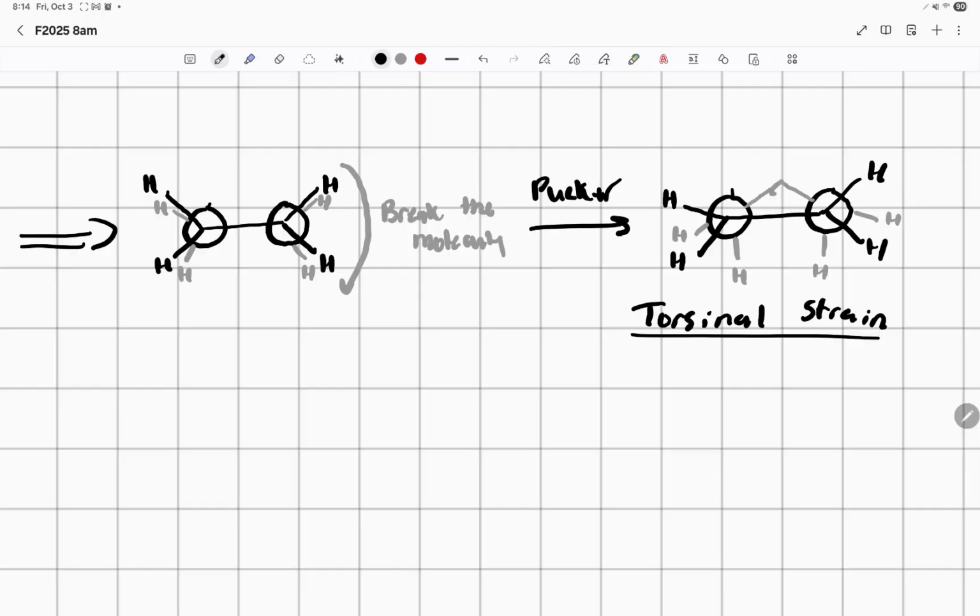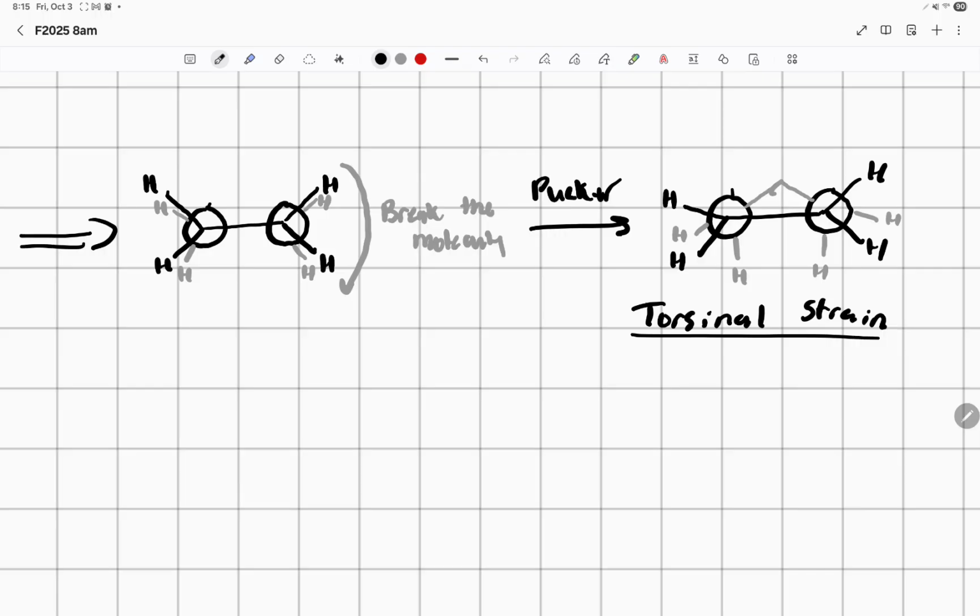And especially in small rings like this, they're impossible to avoid, for better or for worse, of course, depending on what you're wanting to do as a chemist. But we see that all the time when we're making these molecules. So we'll say there's torsional strain.